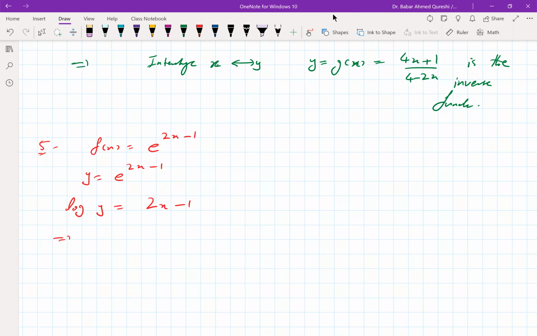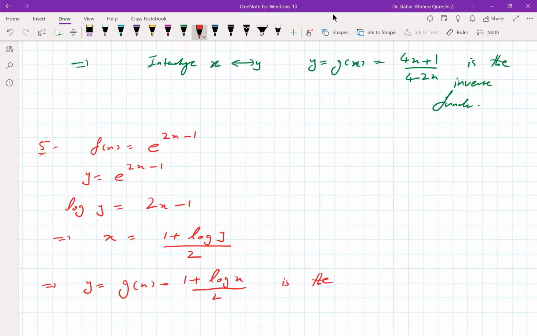That means x is 1 plus log of y over 2. So this means y is equal to g of x is the inverse function.